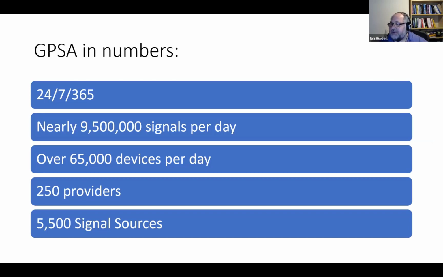But the data we're most interested in is the latest. Obviously, as data gets older, it becomes less useful. We're currently dealing with about 65,000 unique devices or so every day. And as I said, 250 providers or so, all completely different. And there are 5,500 signal sources, so sets of credentials for us to be able to connect to providers.